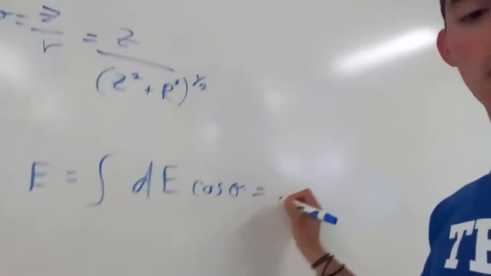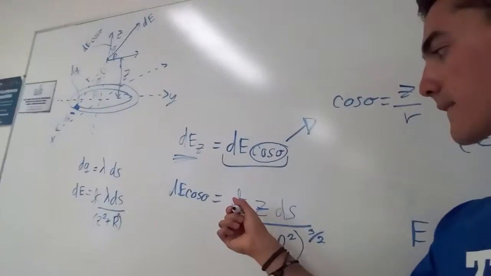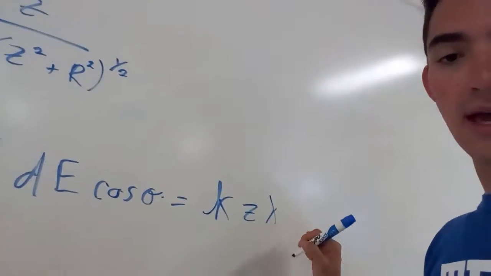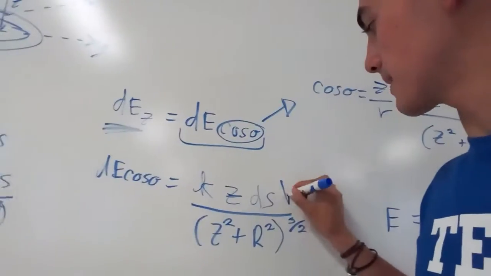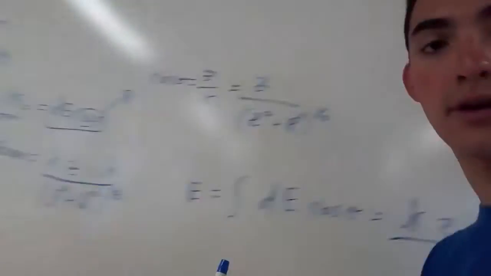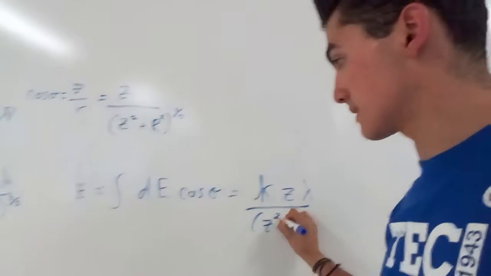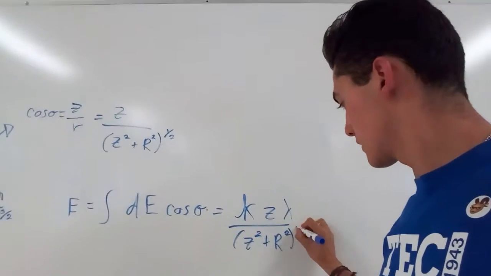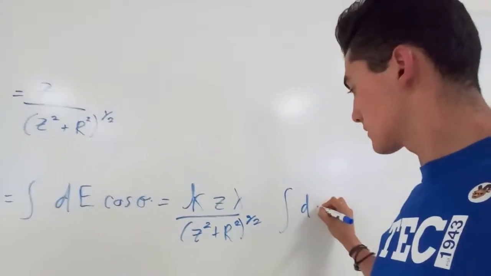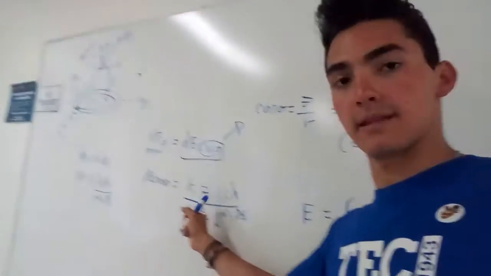So this will be equal to, as we said here, this part of lambda. Here I missed lambda over this part, which is written the same, z squared plus R squared to the 3 halves, and this is times the integral of ds, that is here.